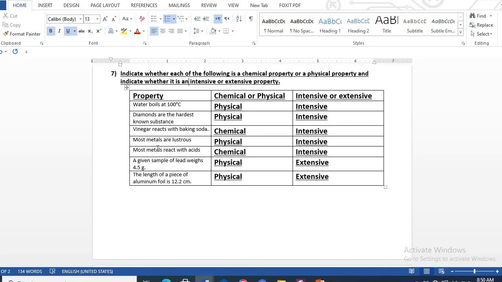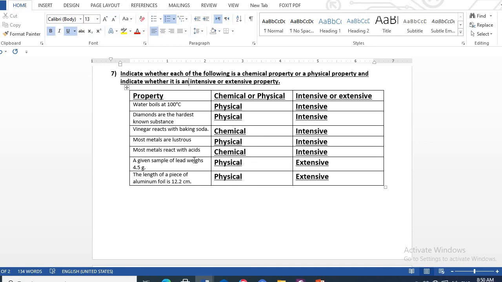The identity of this new product is different from metals, so it's a chemical property. Any reaction is a chemical property because the product is different from the reactant. And also it's an intensive property.